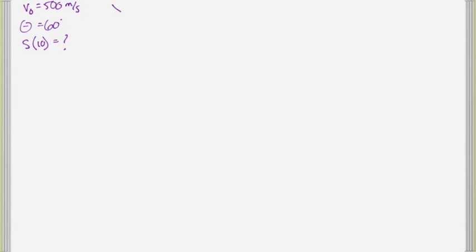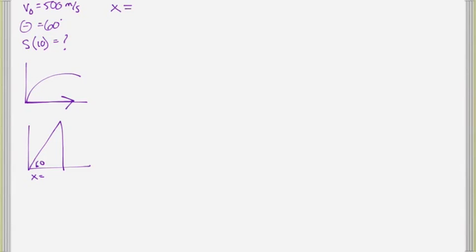So the horizontal motion of this thing will be our x equation. Nothing is acting upon it in the x direction except for its initial motion. So this thing's firing off like this. As it moves in the x direction, the only thing affecting it is how fast it was going when it started. We are not going to figure in wind resistance. So if I have a launch angle of 60 degrees, then the horizontal motion would be defined by a cosine.